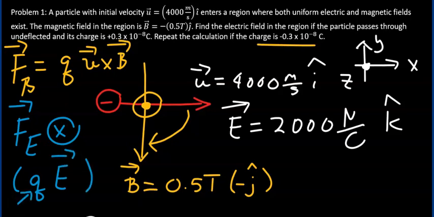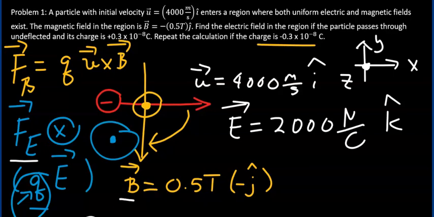Now, if this charge is negative, and we know a negative charge would move opposite to that of the electric field, then the electric field should also come out of the board, as represented by this dot, so that the electric force it exerts on the negative charge will completely cancel the magnetic force created by this magnetic field on that negative charge.